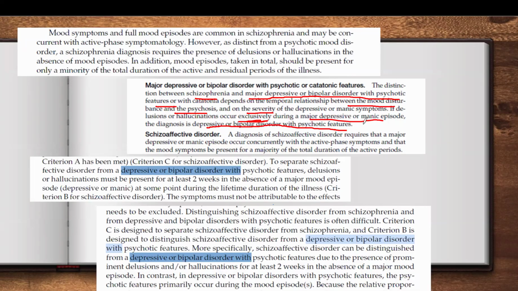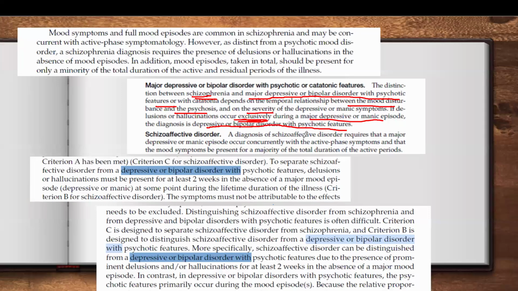For example, if the patient had insomnia and anhedonia for 2 weeks, but that has resolved and now he's having some hallucinations, okay, then that can be schizophrenia. That is hallucinations, delusions occurring apart from the mood symptoms. They occur exclusively. All right.